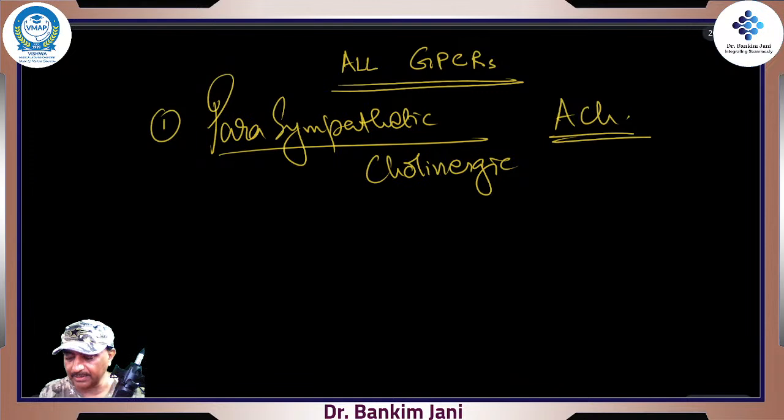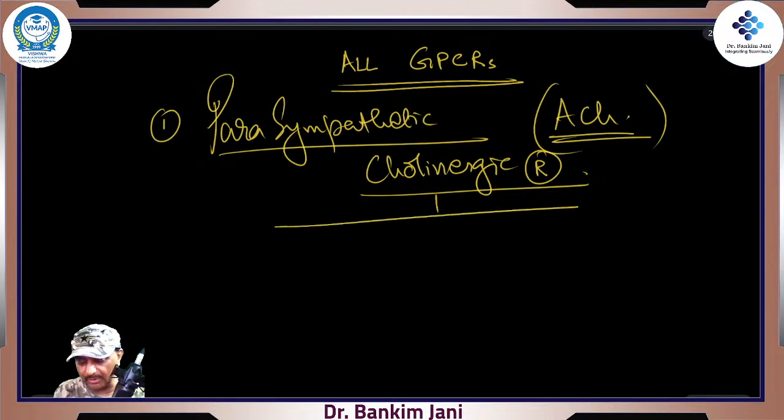Because of this acetylcholine, the receptors will be cholinergic receptors. These cholinergic receptors are of two types. They act at different areas, and their function is different. We'll be discussing this when we actually discuss the parasympathetic, this week only, but this is for understanding.